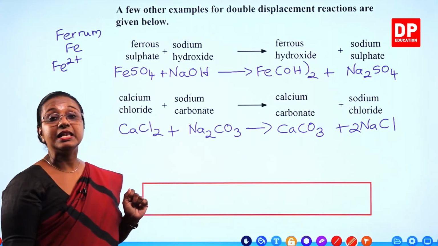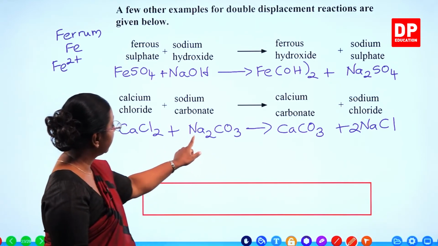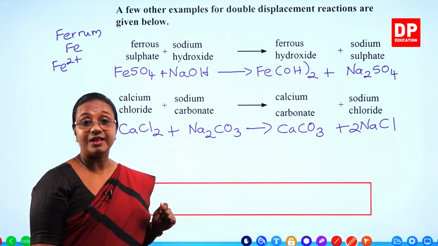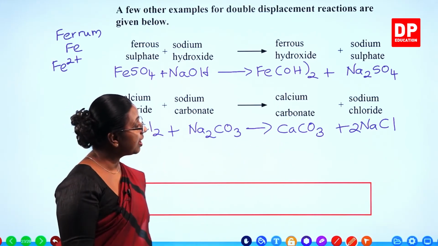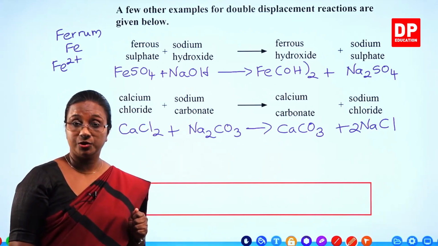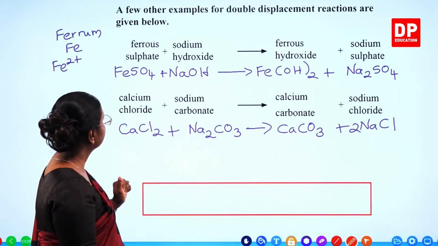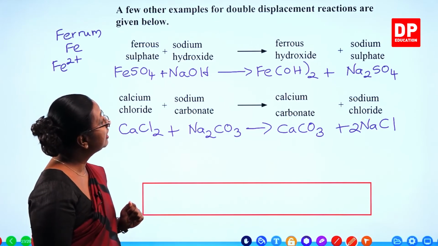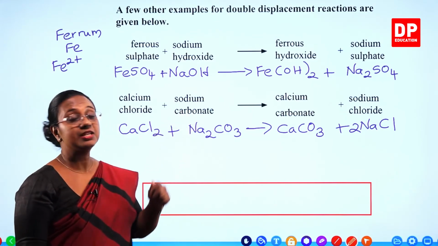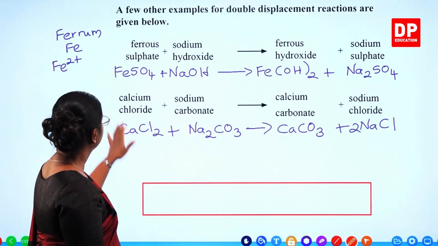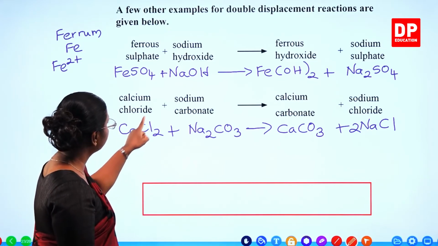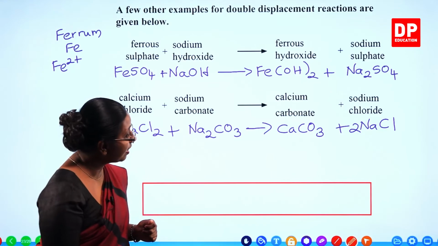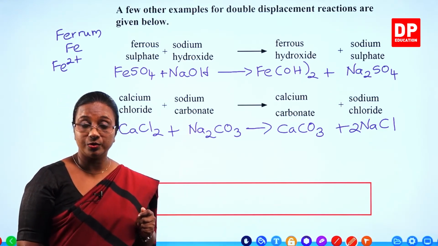Both are ions of elements. Again, sodium, ion of an element, but carbonate is a radical. Then calcium carbonate and sodium chloride. Is that clear to you? Ferrous sulfate and sodium hydroxide giving rise to ferrous hydroxide and sodium sulfate. So the next one, calcium chloride and sodium carbonate giving rise to calcium carbonate and sodium chloride.